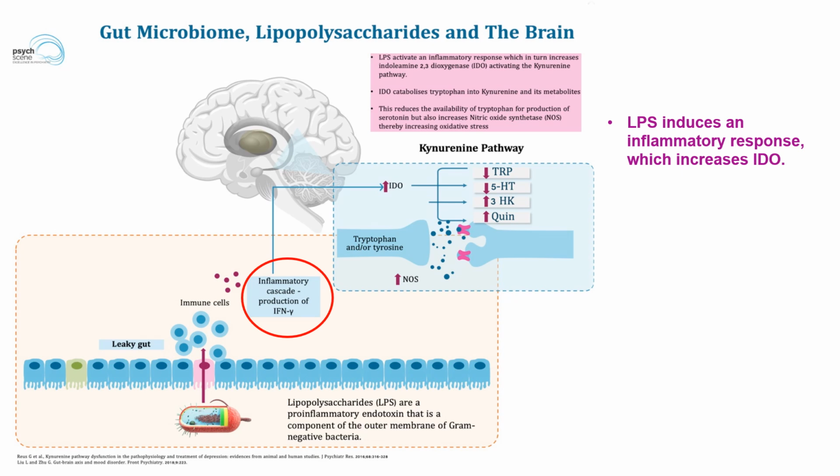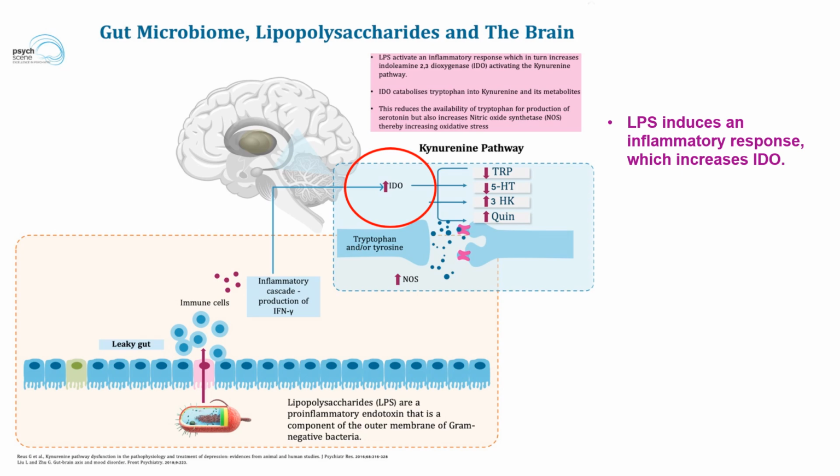The presence of lipopolysaccharide also increases the enzyme IDO. IDO is an enzyme that takes tryptophan and turns it into toxic byproducts like kynurenine and quinolinic acid.